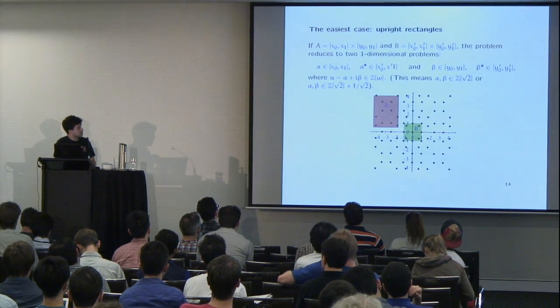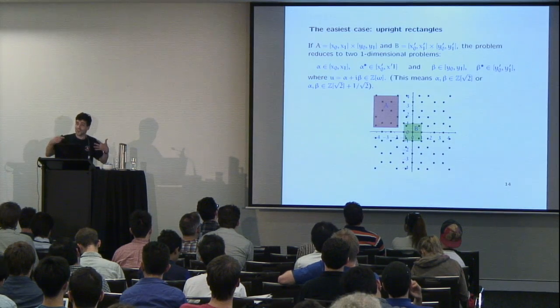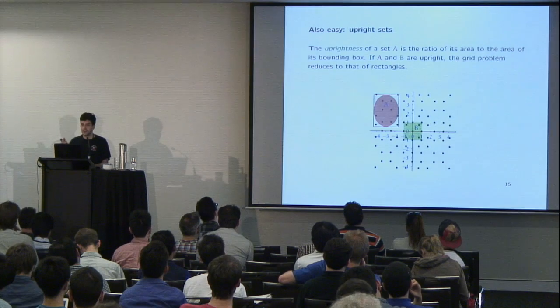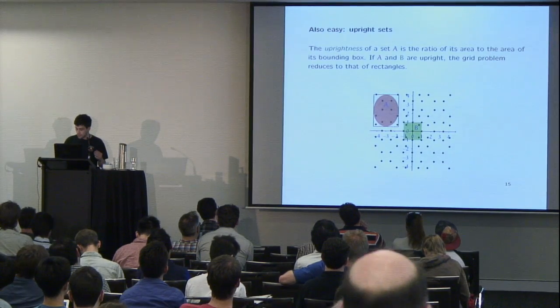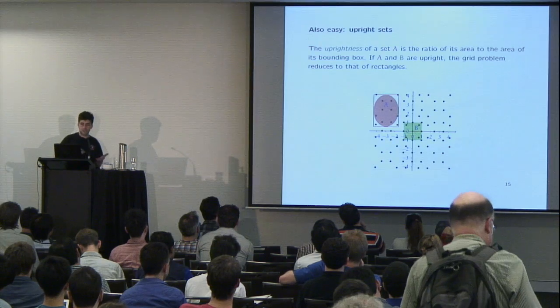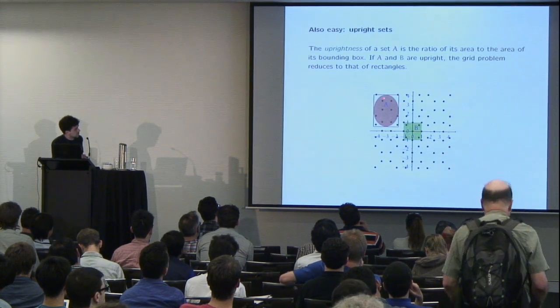Now, the next case in order of hardness is when you have sets that are not necessarily rectangles, but that are still upright. Here, what I mean for a convex set to be upright is the following. Look at this A here, this ellipse.